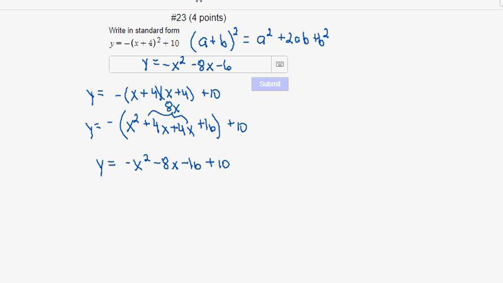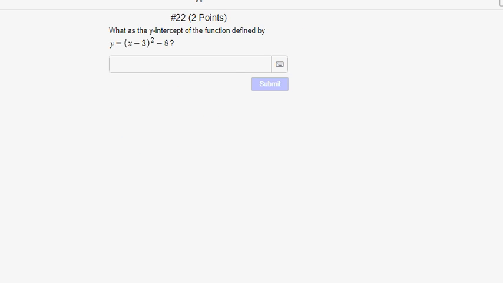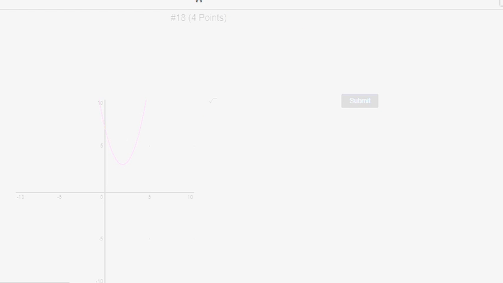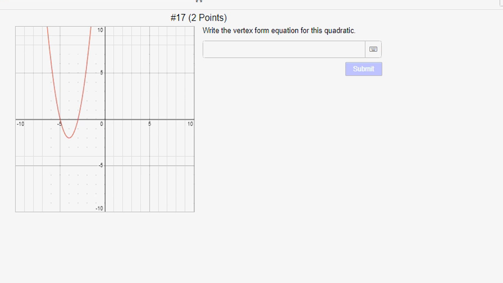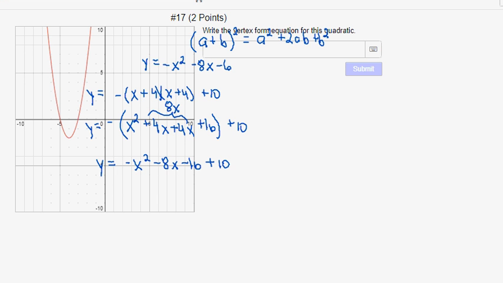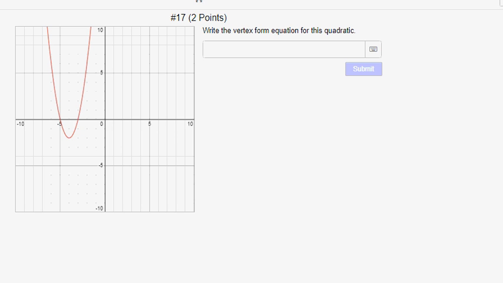Psych. There's one other thing I want to point out with that number 17. I want this to be clear here. We know we had y equals a times x plus 4 squared minus 2.